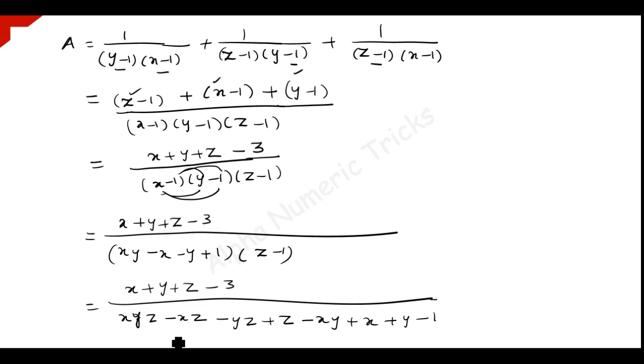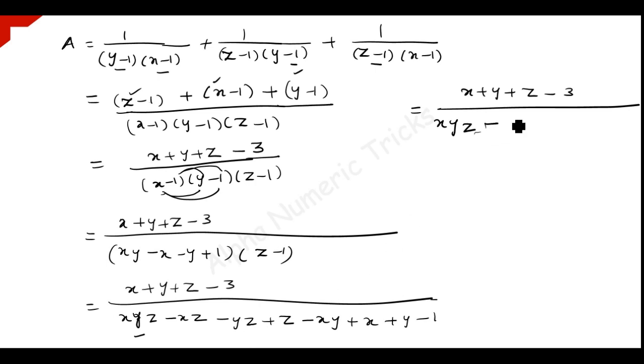So this is the denominator we have, which is equal to x plus y plus z minus 3 over, here you have xyz. So you write xyz, and here you take minus outside, minus of xz plus yz plus xy.